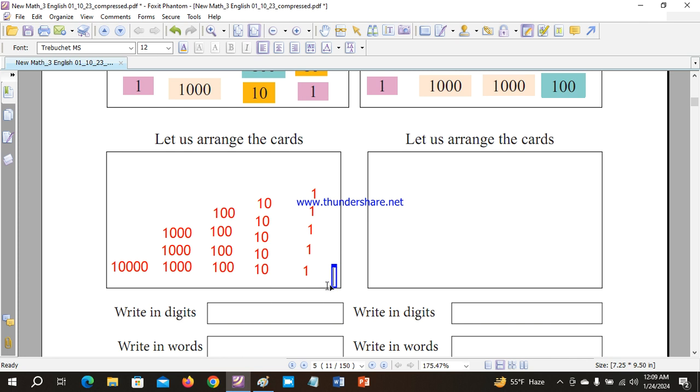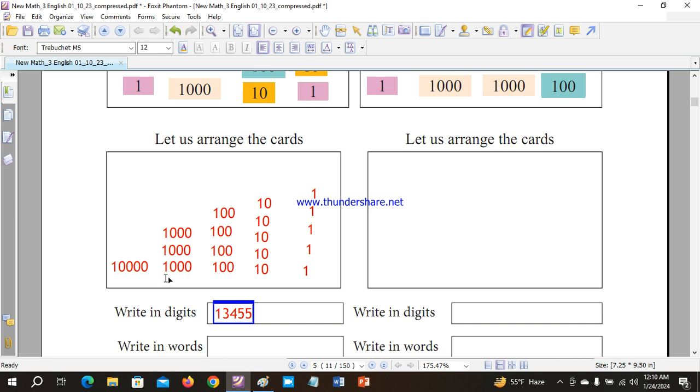Here we have to write these numbers in digits: 1 Ojud, 3,400, and 5 tens, I mean 55, 5 tens and 5 ones. So 1 Ojud, I mean 1 ten-thousand.